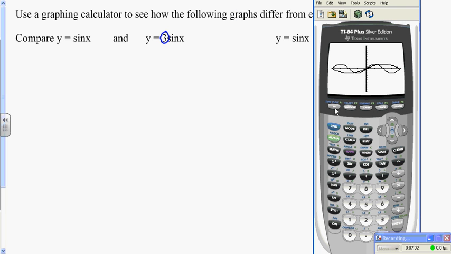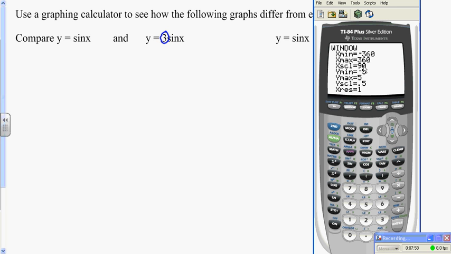So here we're going to take y equals sine x for the first one, and make sure this is right. I want to make sure my window's right. Now let's go in degrees because that's what we've been working on. So notice that your x min and x max are going to be 360 degrees both directions. That should be enough for us to see.